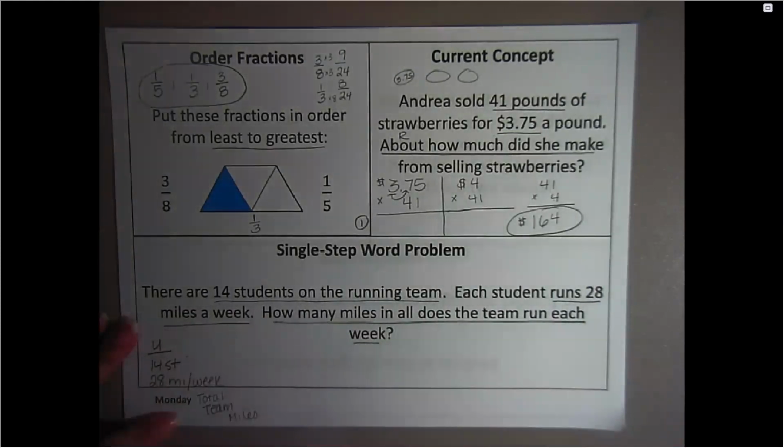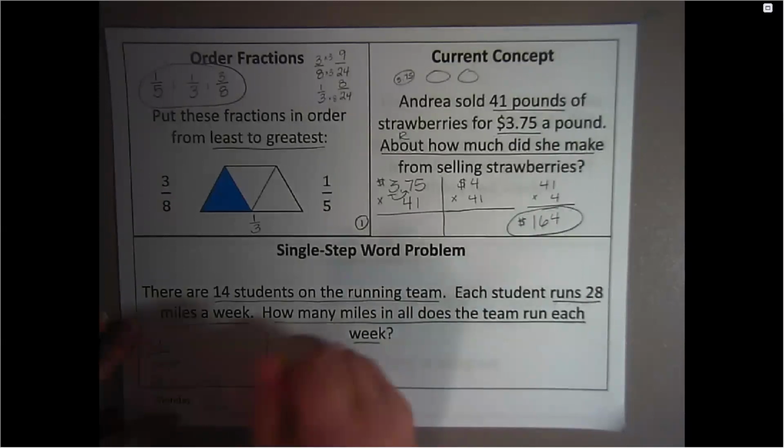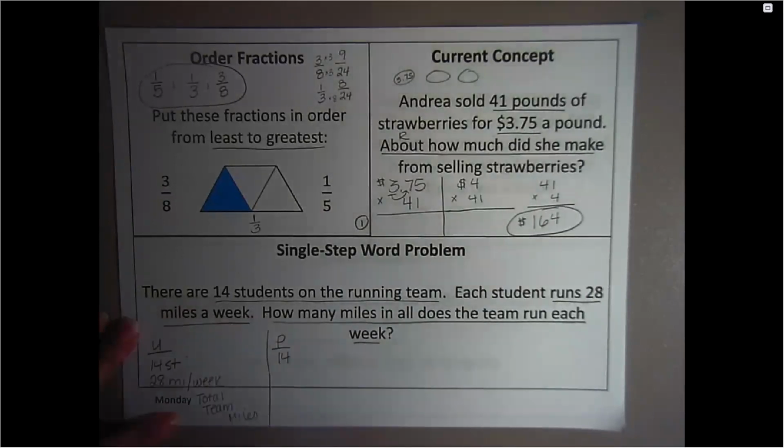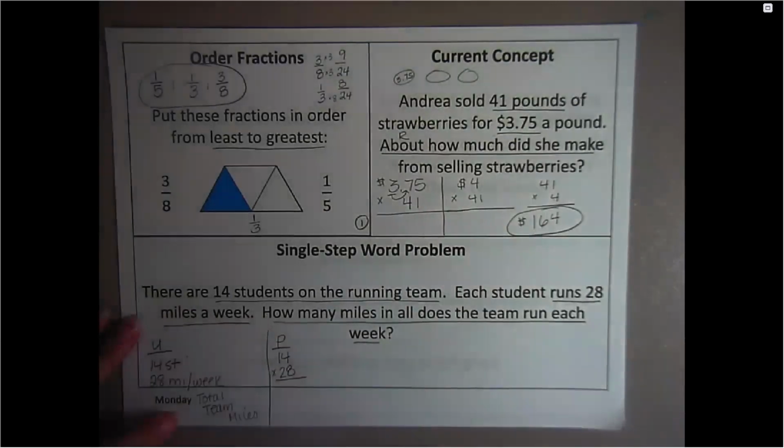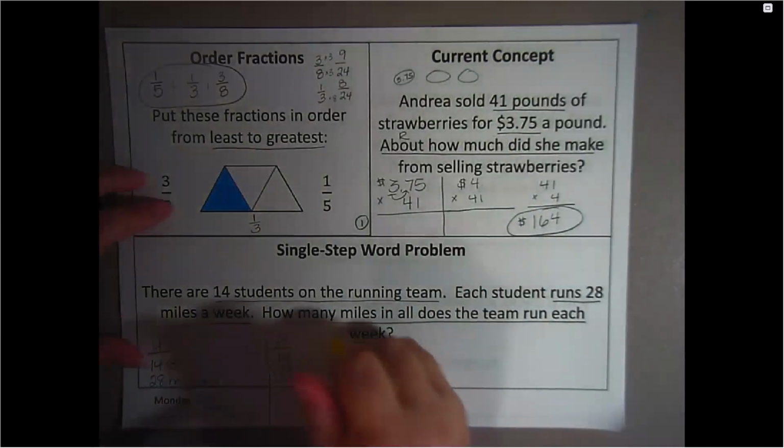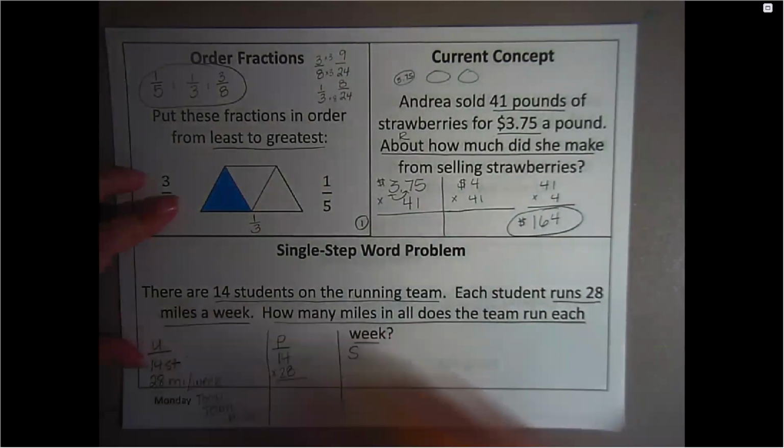So my plan is going to take the 14 team members and times it by 28 because each team member ran 28 miles. So it'd be 28 plus 28 plus 28 plus 28, 14 times. So I'm going to come over here to my solve and I'm going to use area model.